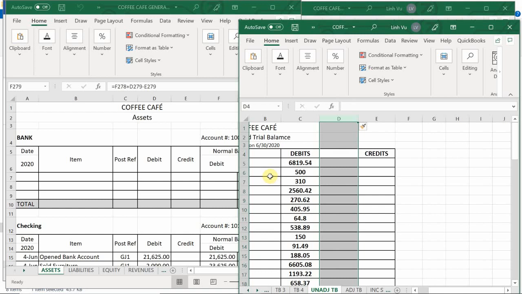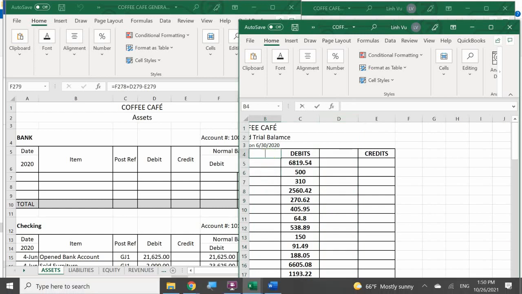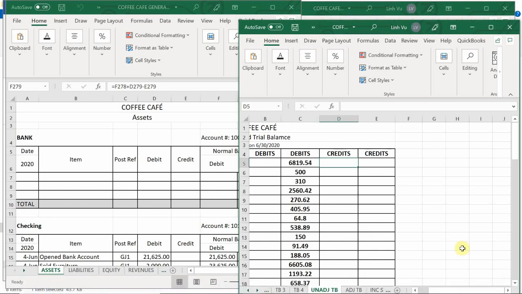And what these are going to represent is, again, my debits, and this is going to be my credits. But one column is for the main account, and the other column is for the other main account. So one side of the debit is going to be for the main accounts. This one's going to be all accounts.